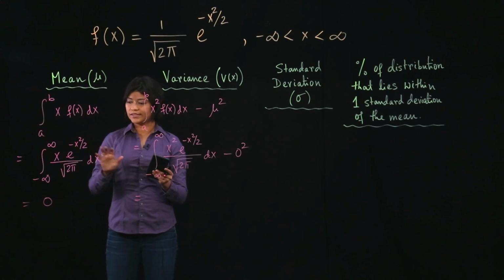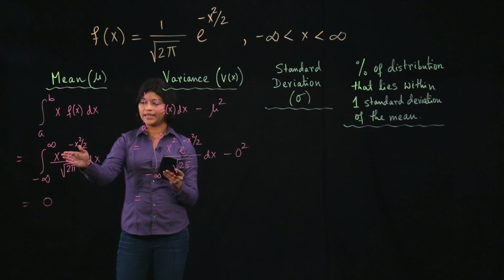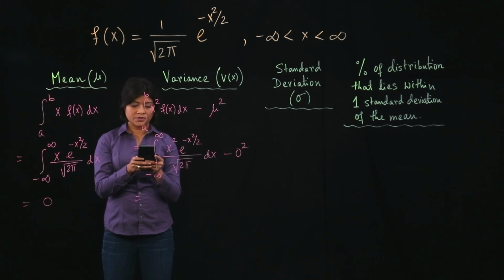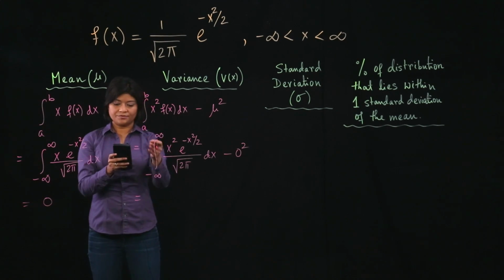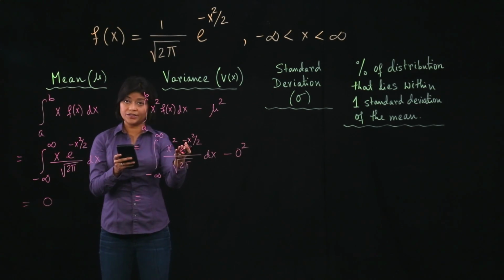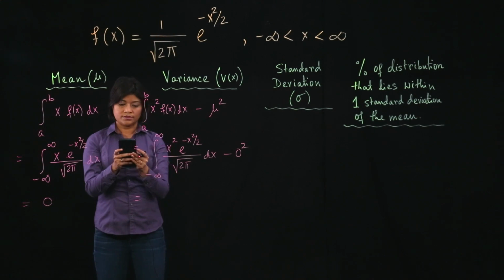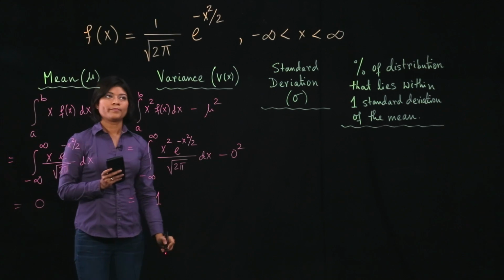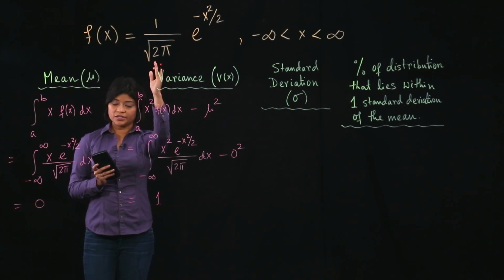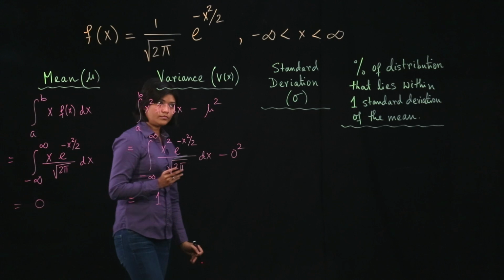Okay, so let's do that. You can just use the same function except change the x to x squared. Same limits, negative infinity to positive infinity. Remember, the variable is still x, and the answer is 1, which means the variance for this function is 1.